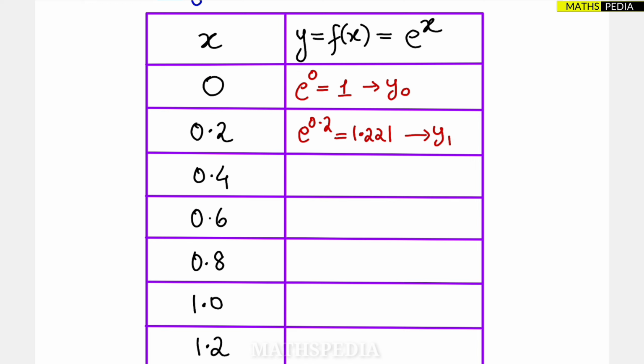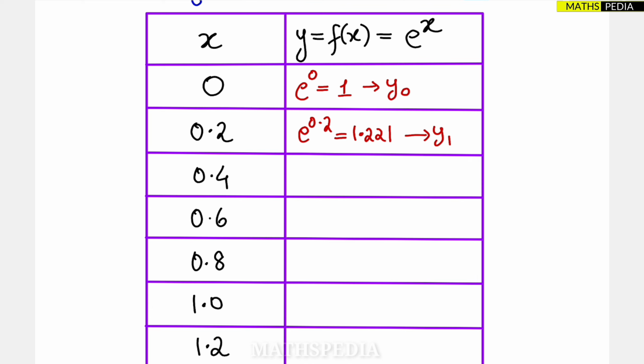Now in the given question, it was written that you have to consider decimal places up to 3, right? So 3 decimal places basically means, even if the question does not give it, remember that you should take at least 3 decimal places. If it is 4 or 5, that is also good, because you have to get an approximate value which is nearer or closer to the exact value.